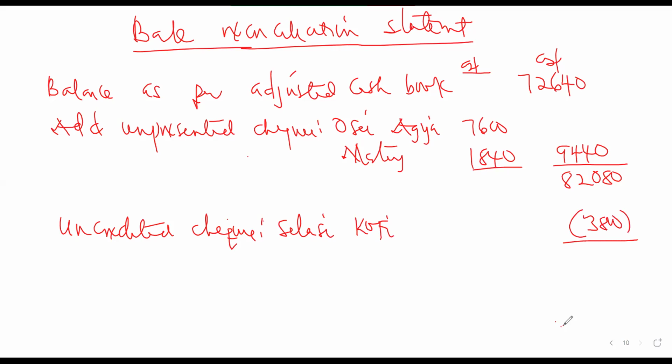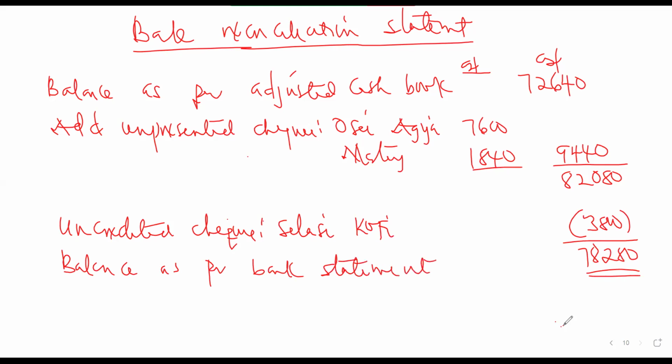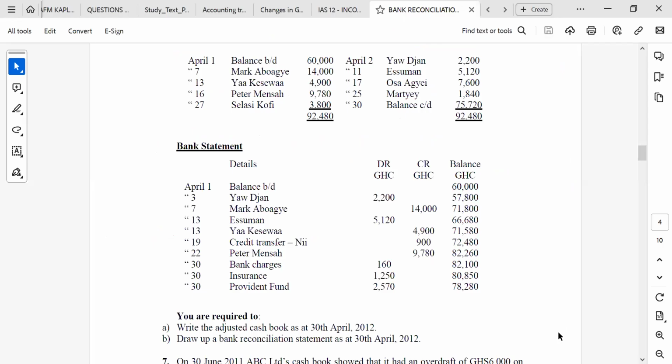How much are we getting? 78,280. So that will be the balance as per the bank statements. If you check your question two, you have to be having the same value. So that will be 78,280. That's how we go about it.